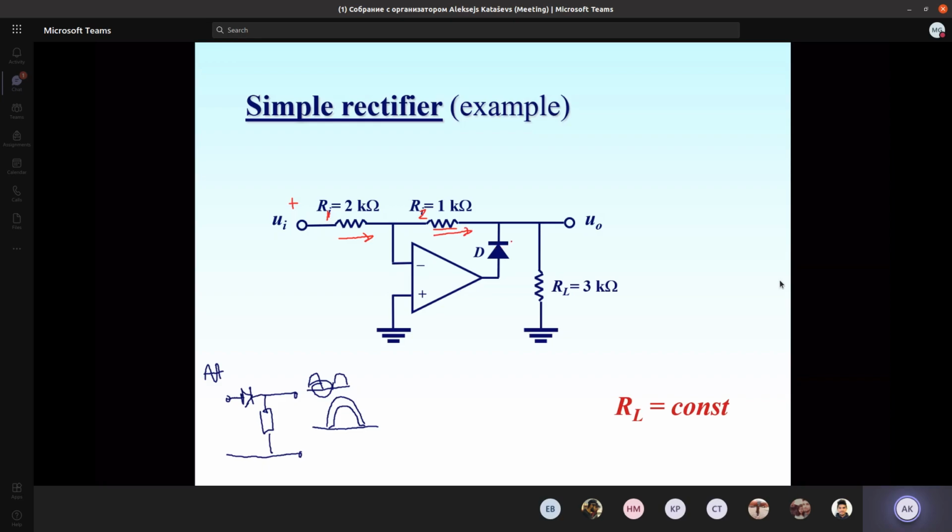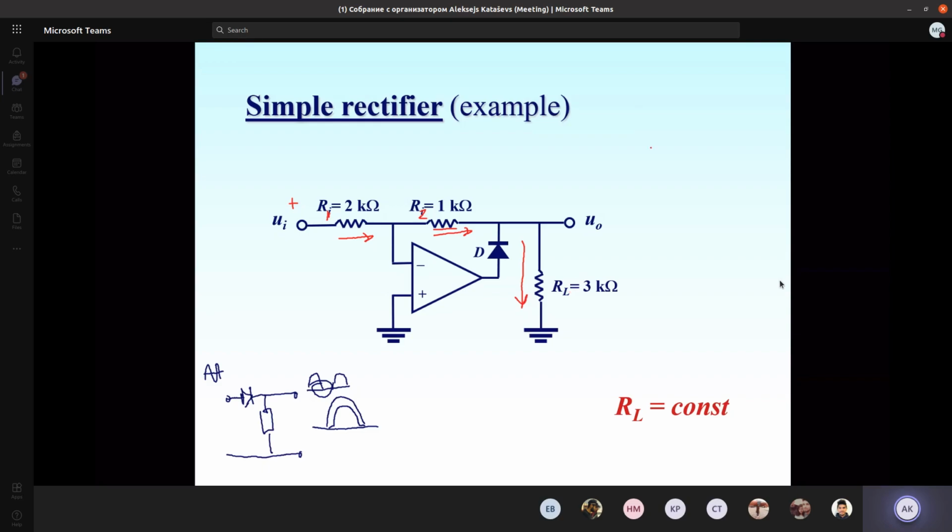It couldn't flow through the diode because that is the opposite direction for the diode current. So when we have a positive voltage here, our current will flow through the chain of the resistors R1, R2, and RL, which is the load resistor.